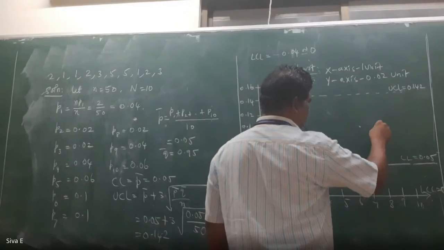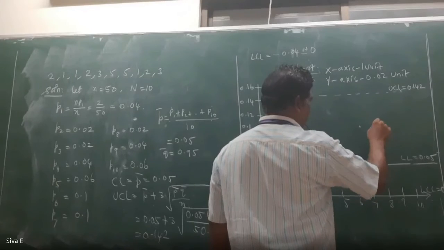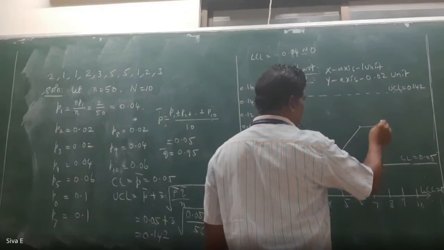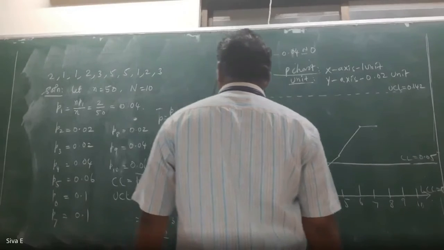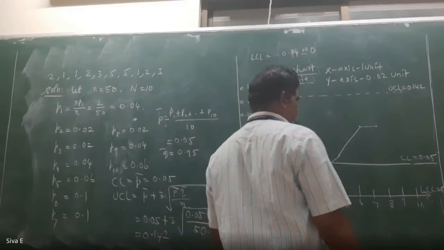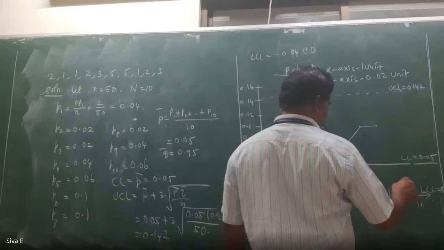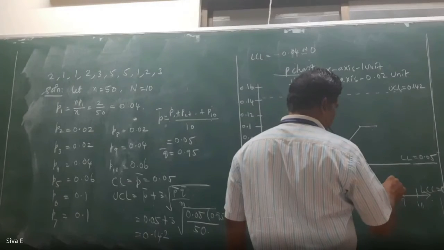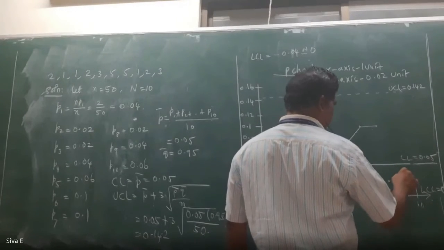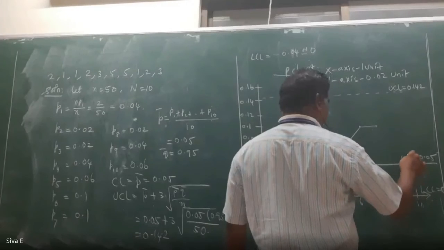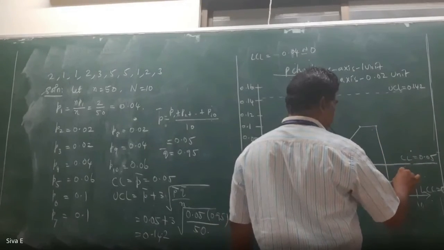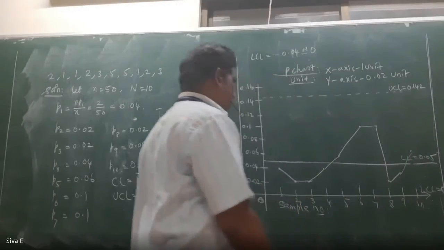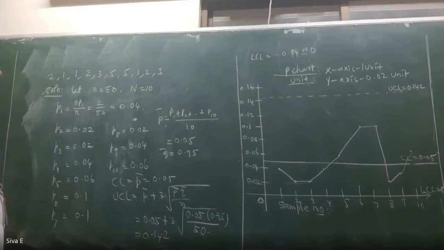Sixth one is 0.1. Seventh one also 0.1. Eighth one is 0.02, ninth 0.04, tenth 0.06. Okay. That is, you have to get the graph like this.